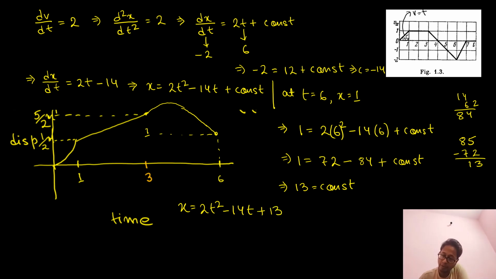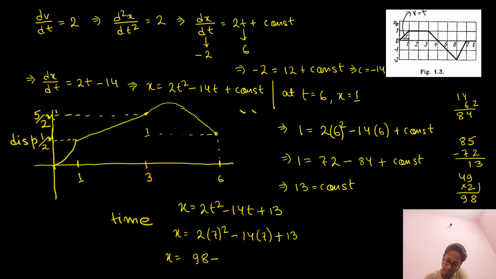So I need to find the value of x at t equals 7. So x is equal to 2 into 7 squared minus 14 into 7 plus 30. 7 sevens are 49, and 49 into 2 is 98. 98 minus 14 into 7, which is also 98, plus 30.